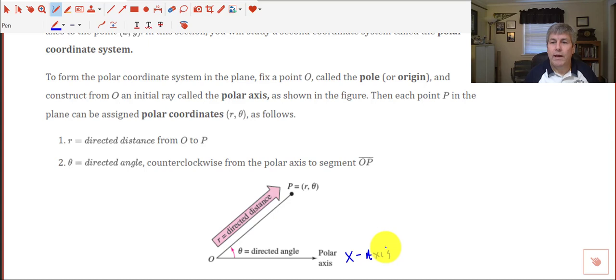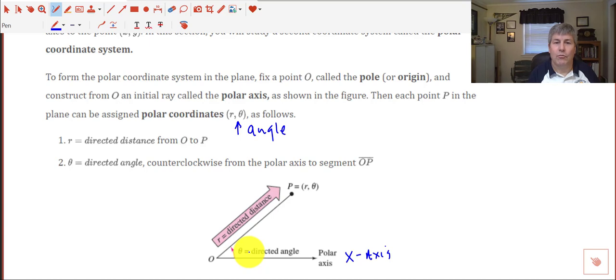Each point P in the plane is assigned a particular coordinate r and theta. So instead of an x distance and a y distance, our r is a distance, but our theta is going to be an angle instead of a distance on the y-axis.